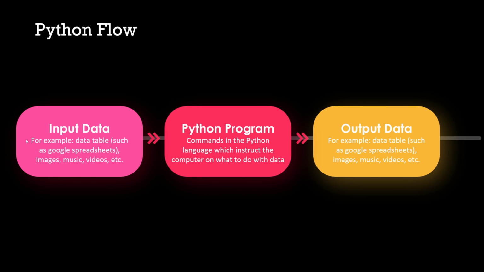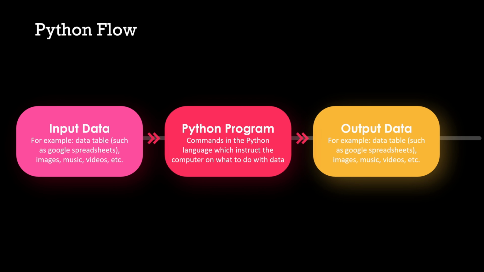And this is about the input data, and then the next part is that we actually write a Python program. It's going to be some statements that take this input data and perform some operations on it. This part can be arbitrary. Sometimes you don't even need input data, you just need a Python program, and in the end the outcome is some output data.